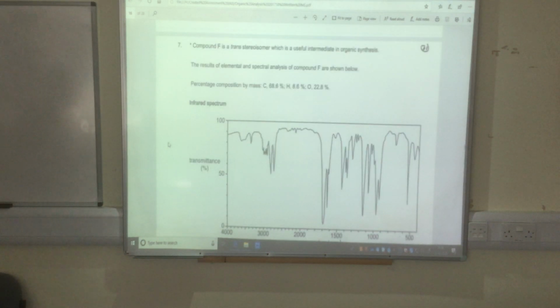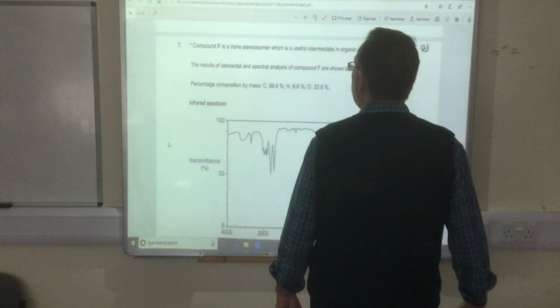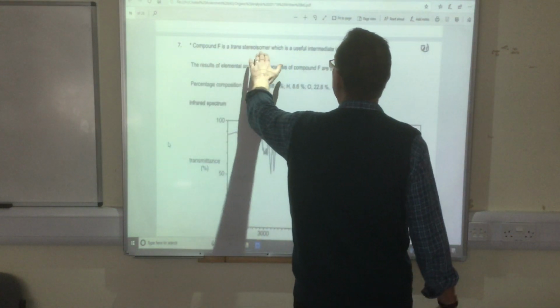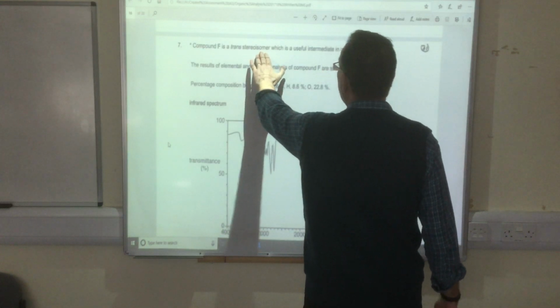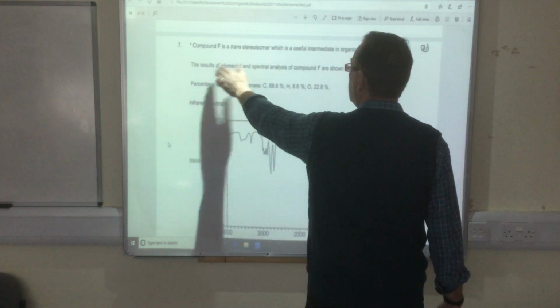Seven. I want to go a bit faster. Oh, we ain't far off now. Right, 7. Trans stereoisomer. We're talking carbon-carbon double bond. Useful intermediate in organic synthesis, my word.